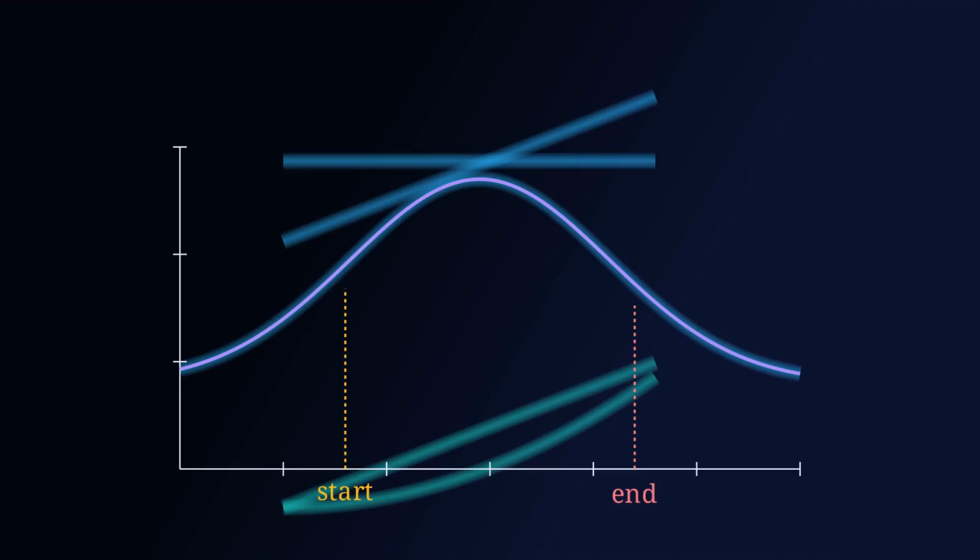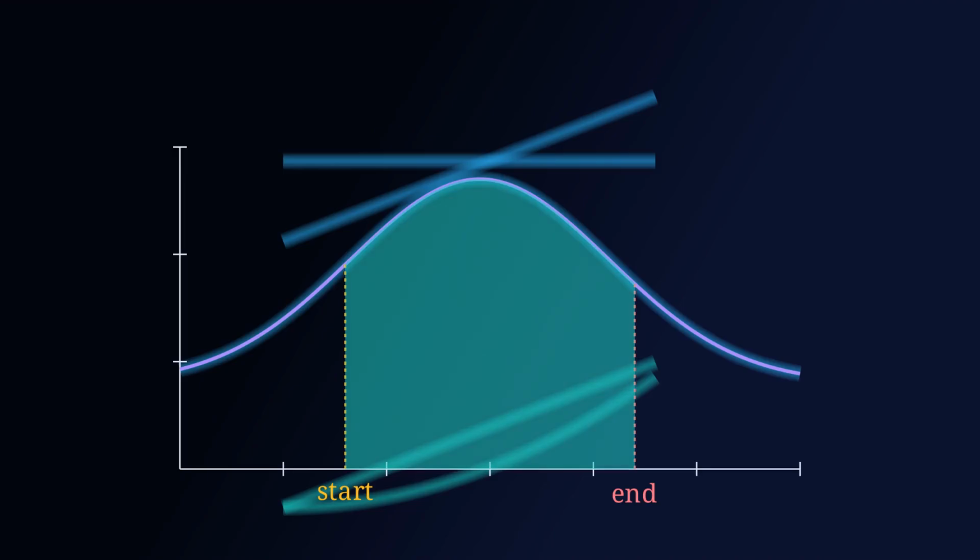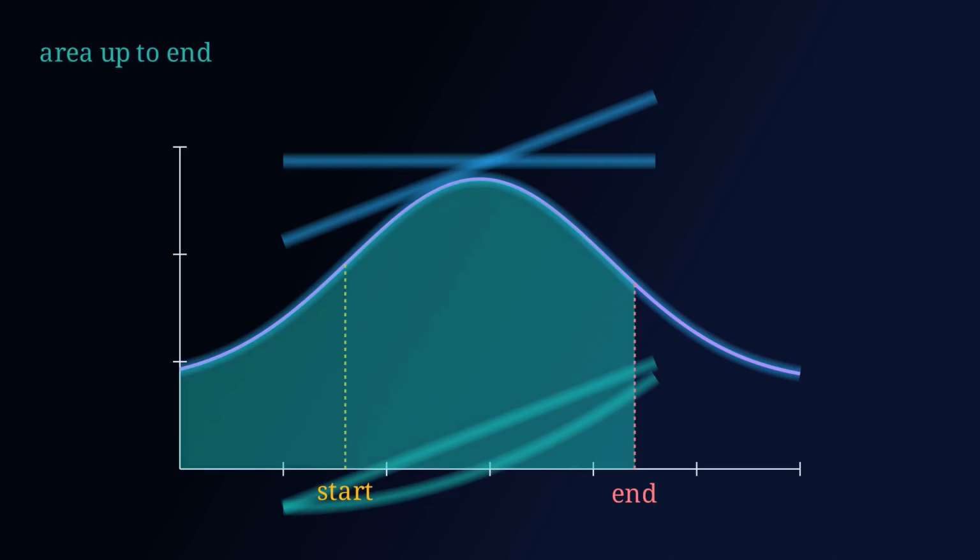There's one last practical detail. Usually we don't want all the area from the far left. We want the area over a specific stretch, say from one marked point to another. Call them the start and the end of the region we care about. The theorem handles this cleanly. Take your area so far function, evaluate it at the end point, and subtract its value at the start point.